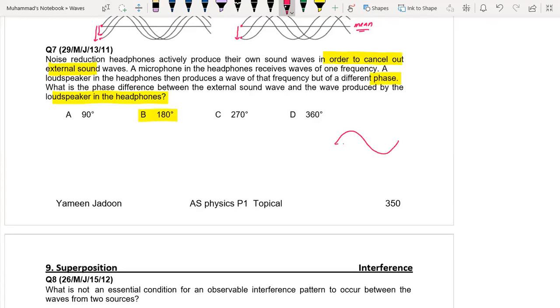For example, if this is the sound wave, the headphones produce a sound wave that must have the same amplitude and must be out of phase by 180 degrees. So in this case, the resultant wave must be zero. So this was a straightforward question.